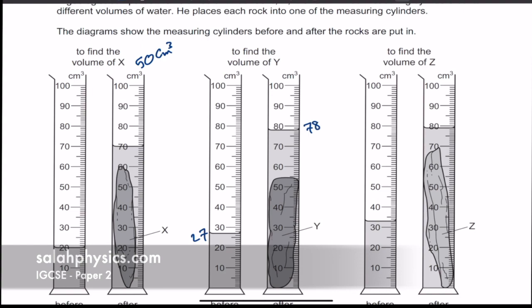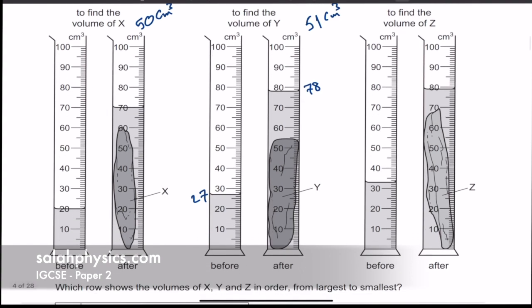So the difference between them is 51 centimeter cube. The last figure, the reading here is 33, and the reading there is 79. So if you just subtract that, I'm going to give you 46 centimeter cube.